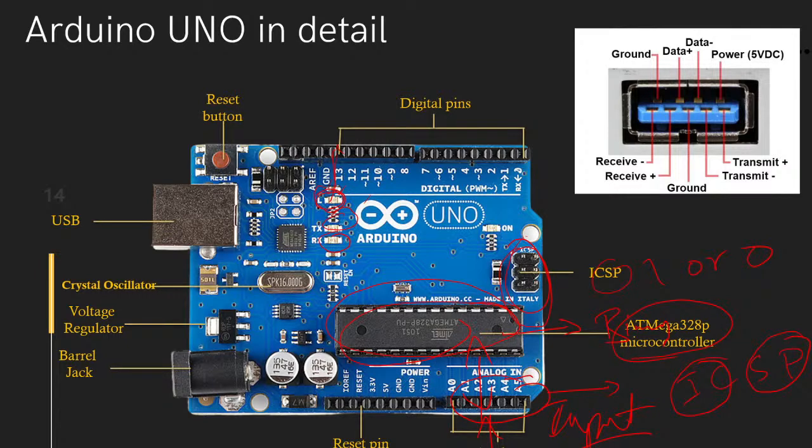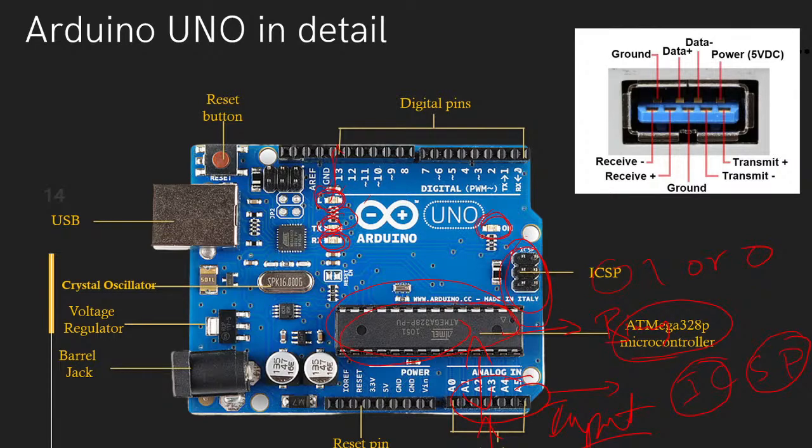When data is transmitting, the TX LED will blink, and when data is receiving, the RX LED will start blinking. And this is another LED on the Arduino Uno, which turns on when you power on the board, signifying that your Arduino Uno is powered.